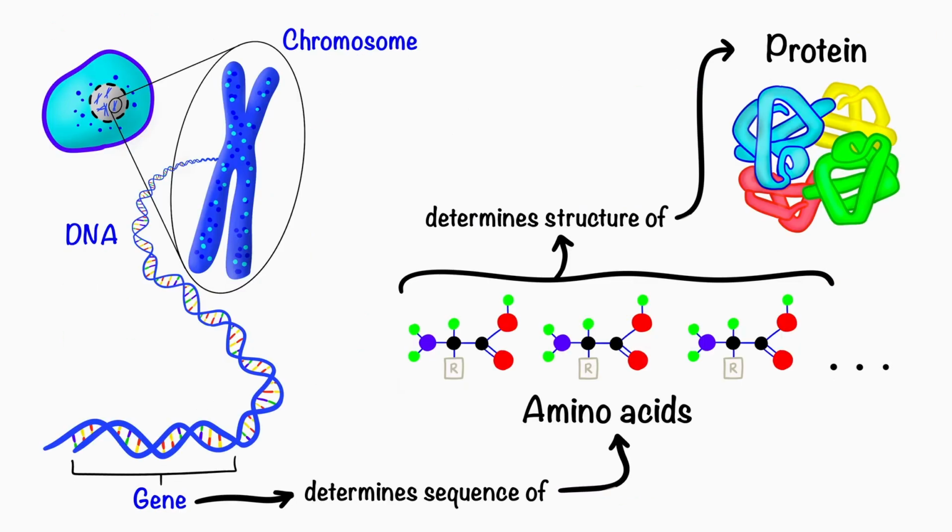A gene is a small section of DNA found on a chromosome. Each gene codes for a particular sequence of amino acids, which are put together to make a specific protein. Only 20 amino acids are used, but they make up thousands of different proteins. Genes simply tell cells in what order to put the amino acids together.